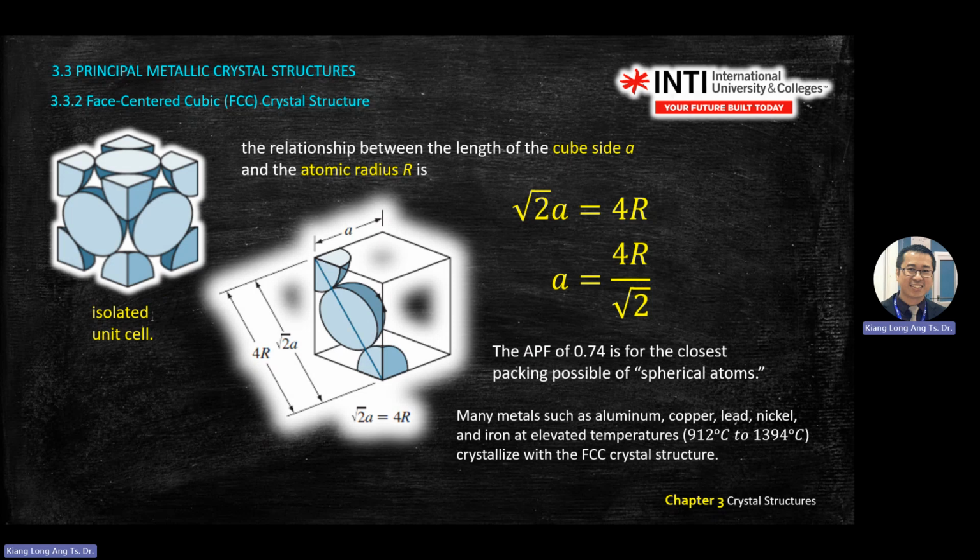What is a? a is what for FCC? a equal 4r over square root of 2. You can put it on the top if you want. So you have 16 over 3 pi r cube. This one you get 4r over square root of 2, and cube it.